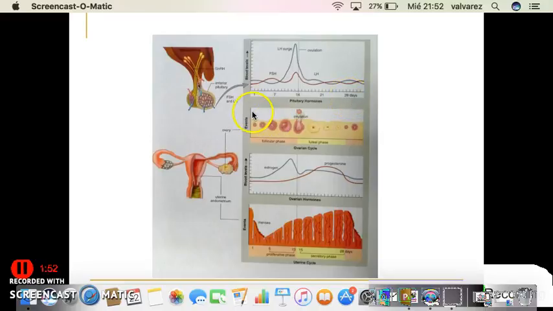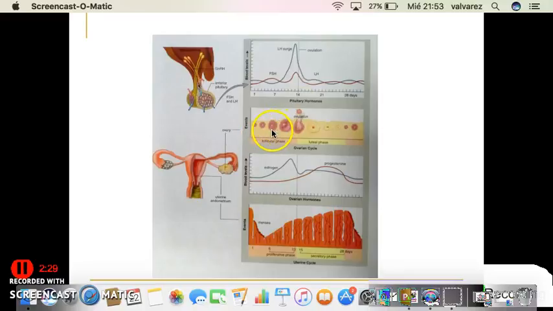Okay, what's happening in the very first 1 to 7 days is that the FSH hormone is reaching a high peak, and this is related to the follicular stage in which, as I had explained before, the follicle is maturing, with a primary oocyte inside it. An ovum is preparing for its release.